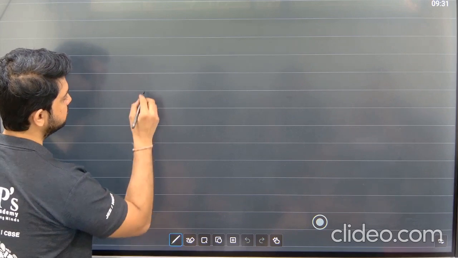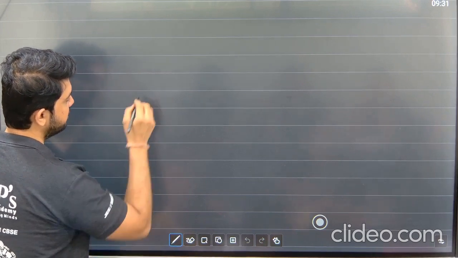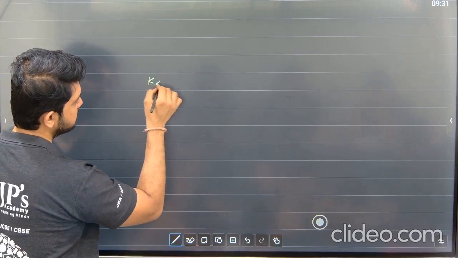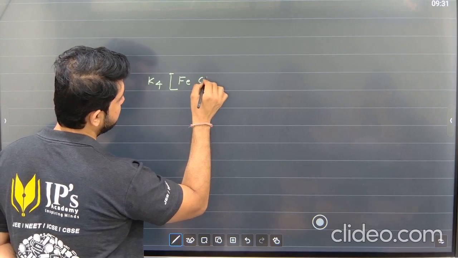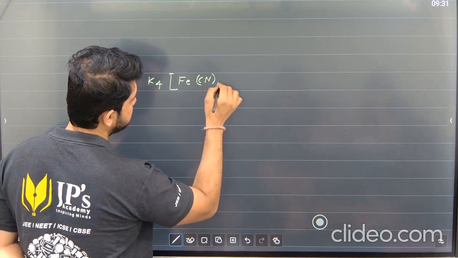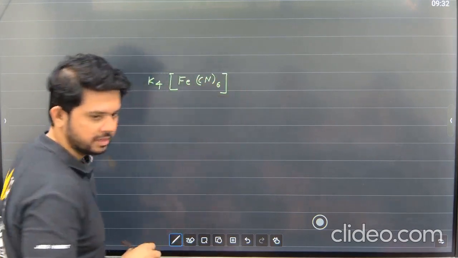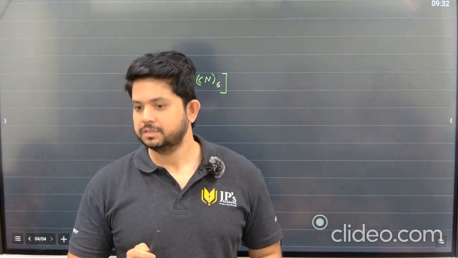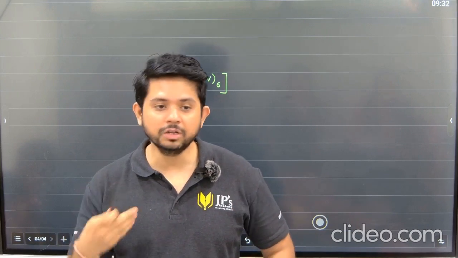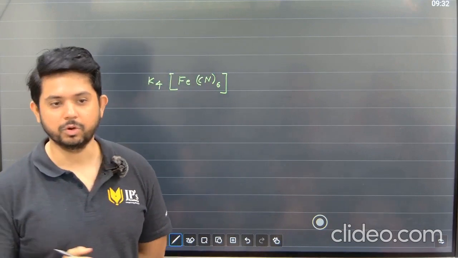That was only the introduction. So let's say we have a coordination compound, something like K4[Fe(CN)6]. There's a part which we write in square brackets. That part is the non-ionizable part of the coordination compound.